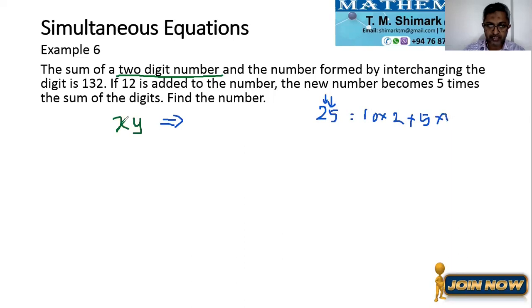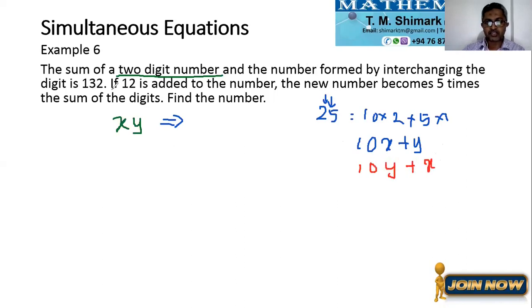Same thing like this, I can make x and y: 10x plus y will be my number. And the number formed by interchanging the digits means yx, right? That means 10y plus x.